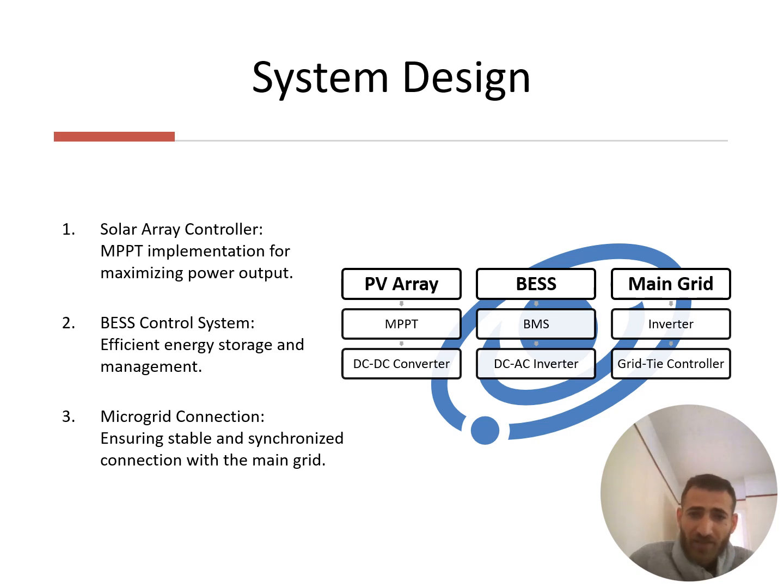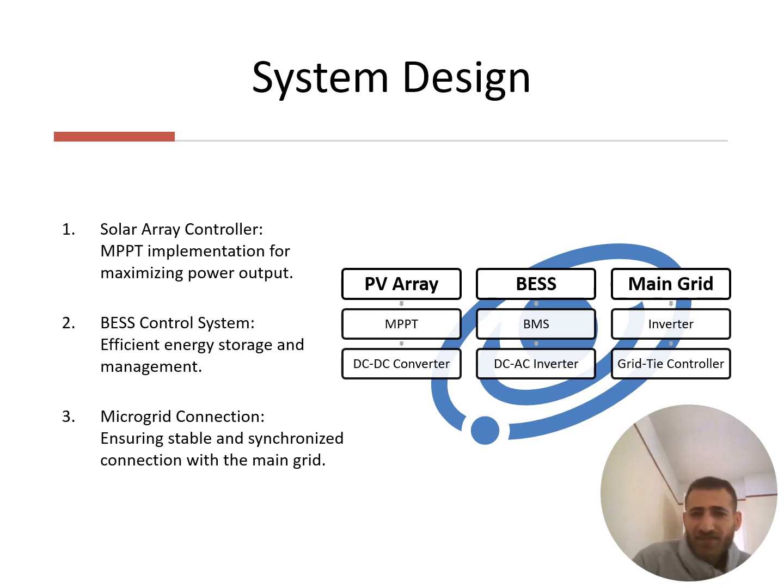At the same time, the BESS is managed by a battery management system, BMS, and a DC to AC inverter, ensuring efficient power conversion and storage. The BESS can charge or discharge based on the system's needs, controlled by the battery management system, as we mentioned before.